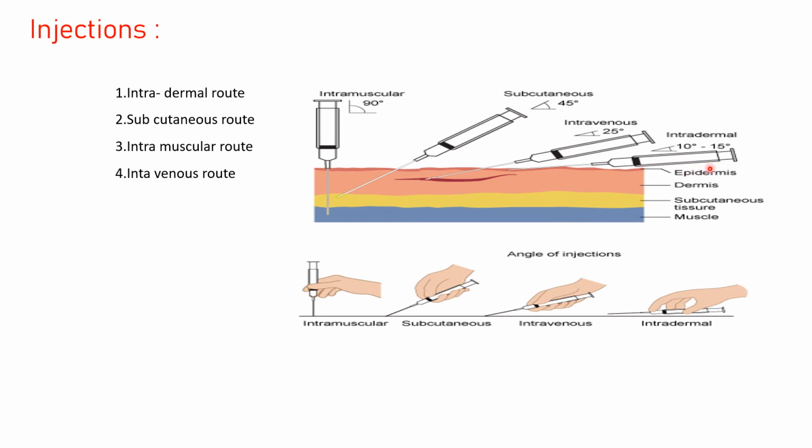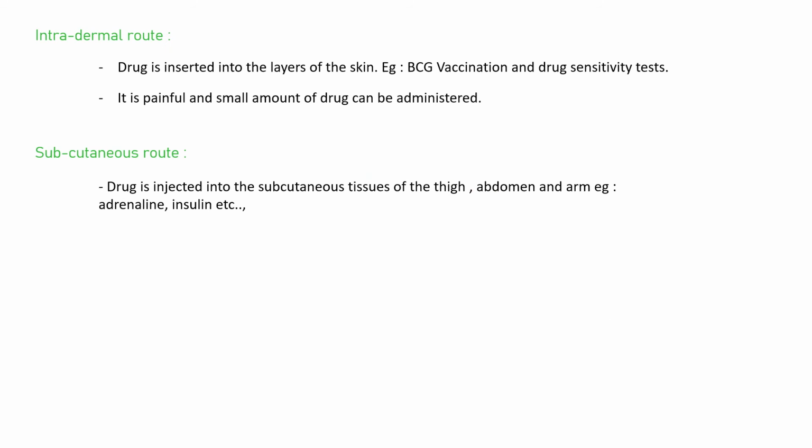In the intradermal route, the angle of the injection is 10 to 15 degrees, in the intravenous route it is 25 degrees, in the subcutaneous route it is 45 degrees, and in intramuscular it is exactly 90 degrees. It makes a right angle with the muscle.